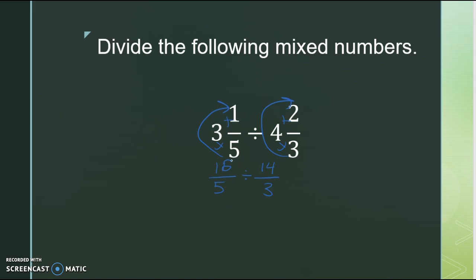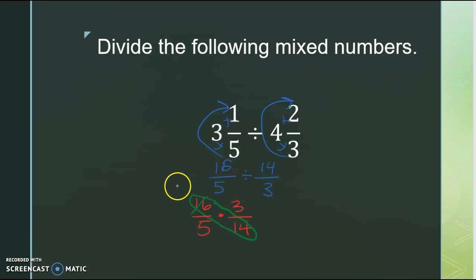Now we need to do our keep, change, flip. So we keep 16/5 the same, change the division to multiplication, and flip our second fraction, so 3 over 14. We're going to look to see if we can do any cross canceling. Here we can with 16 and 14. We can divide them both by 2.